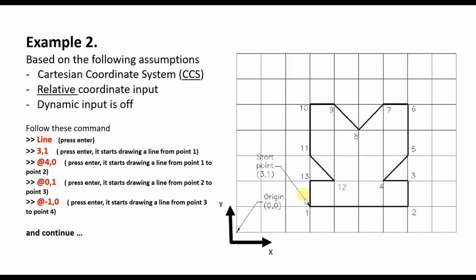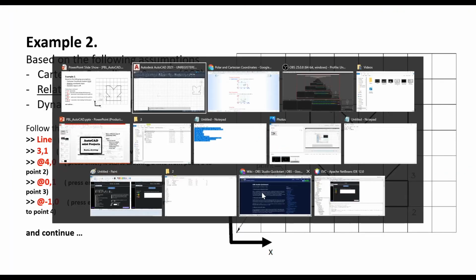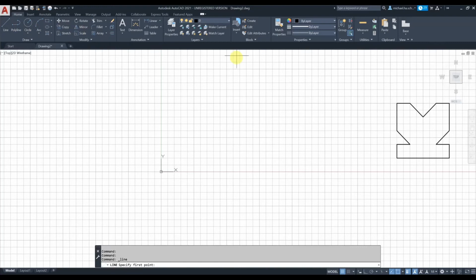Okay, so let's grab line command. We are in this layer. First coordinate will be with respect to the origin, 3, 1, right? But we're gonna use relative, and for that, click on the command line and shift 2. That'll give you the add sign. 4 along X and 0 along Y axis.